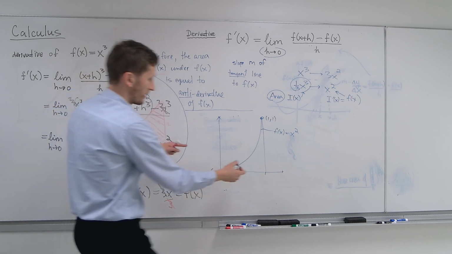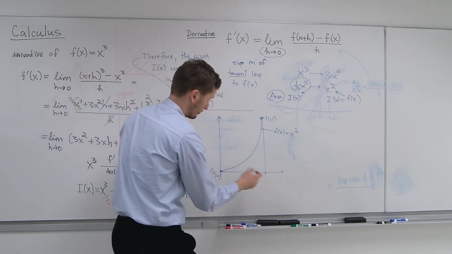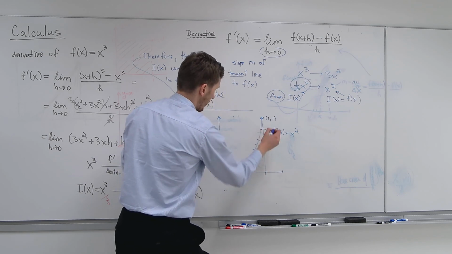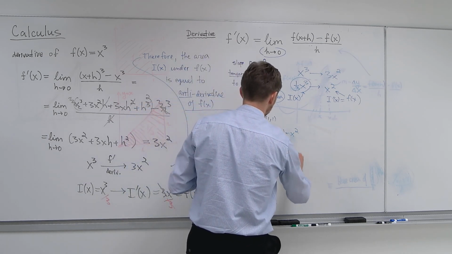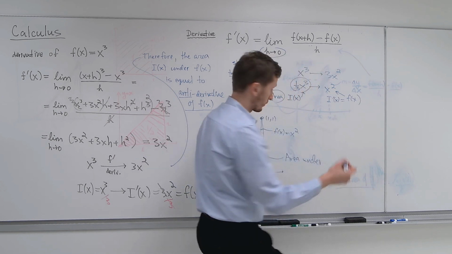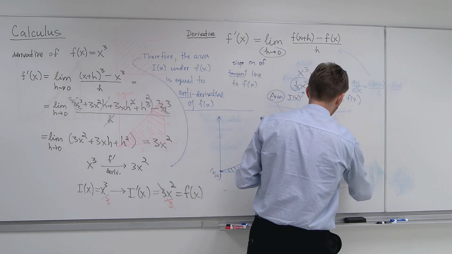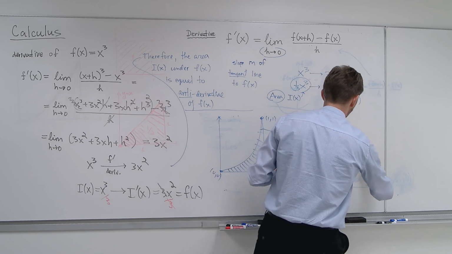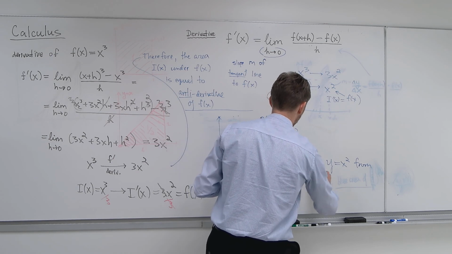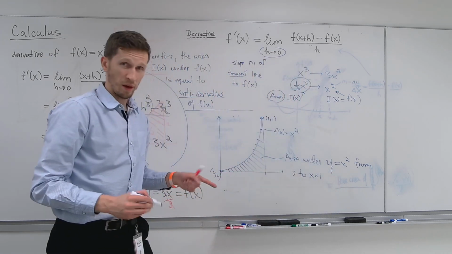What's the x right here? Because I said from 0 to 1. So where am I actually ending? I'm ending at 1. And so my area under y equals x squared from 0 to x equals 1. About to get this result.